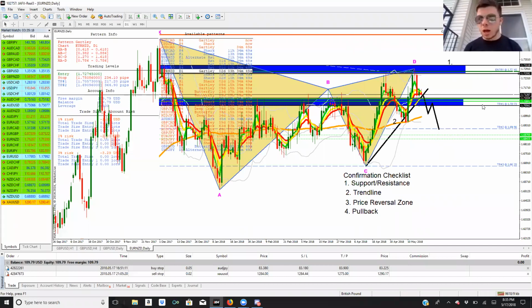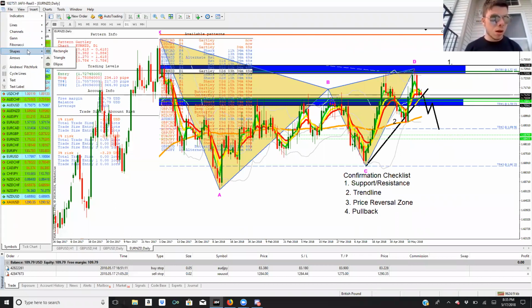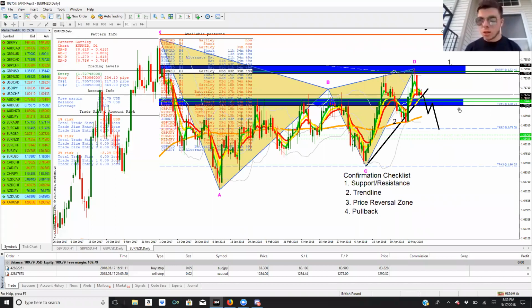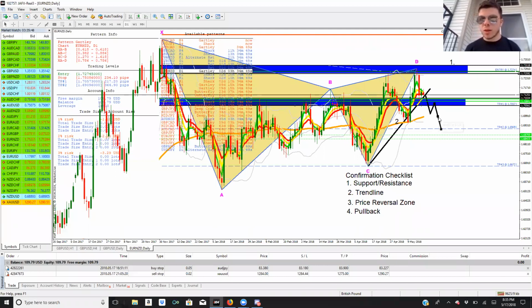Like I said, $1.70 is actually where our take profit is anyways, because that's a major support, right? So we want to be out of the market beforehand. We're going to put, circle's not gonna work, it's fine.